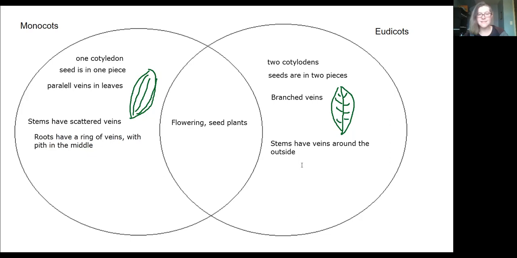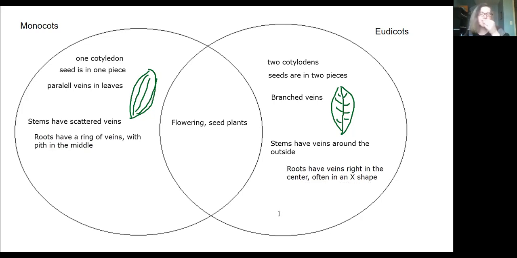And dicots, and some of these things will actually become more important later on when we start looking at plant structures. Roots have veins right in the center, often in an X shape. So in this case, the veins are smack in the middle. So things to keep an eye out for.